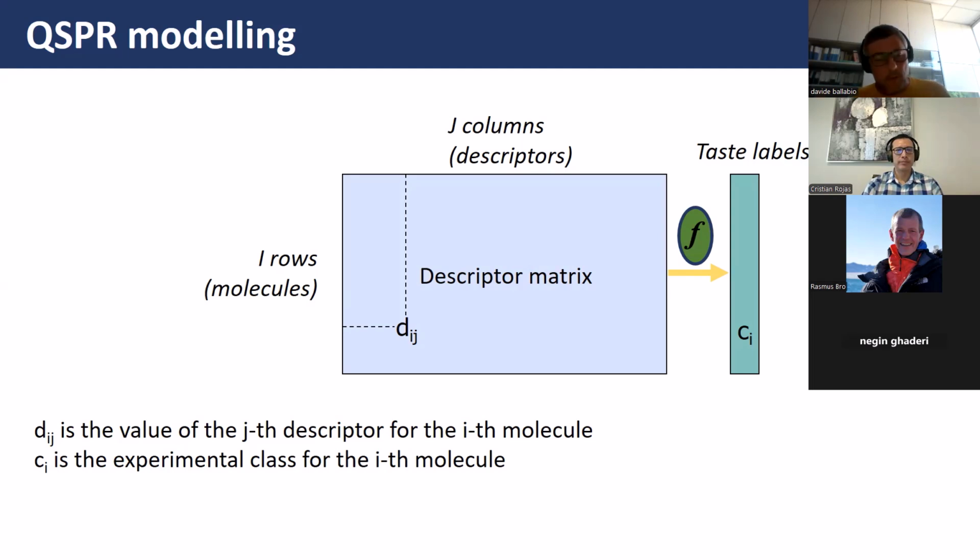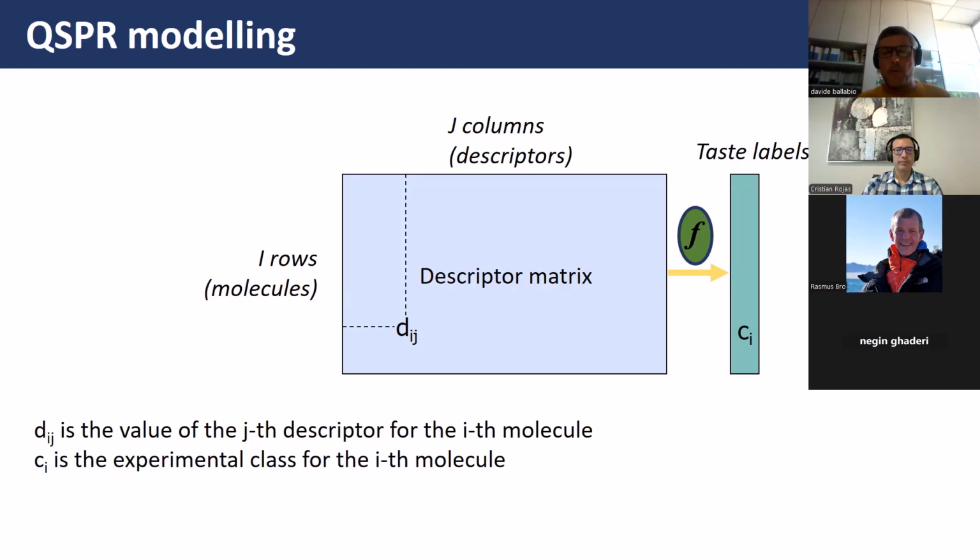And this is actually, as you probably know, the basis for doing machine learning or chemometrics. In this special case, this is the starting point for doing classification. So to establish a model that is able then to predict, for a new chemical, the class, so the taste label.